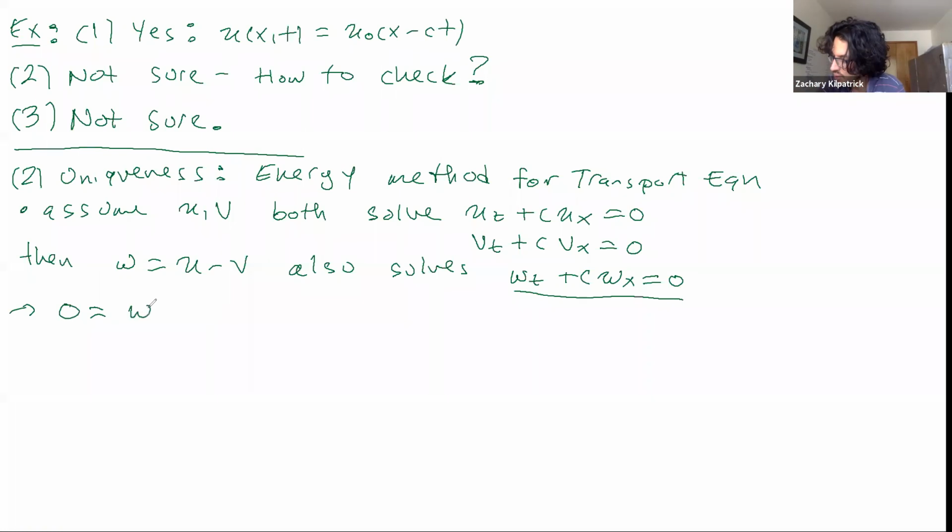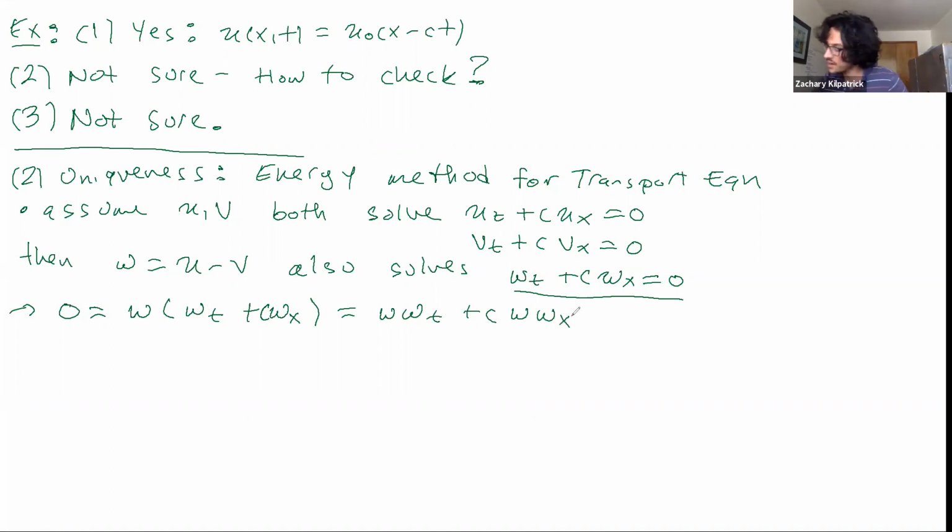So in order to build this up, we write down the following equation, that 0 is equal to W times W sub t plus C W W_x, okay? I dropped my C there. I'm going to just squeeze it in there. And so if I distribute that, I get W W_t plus C W W_x, okay?